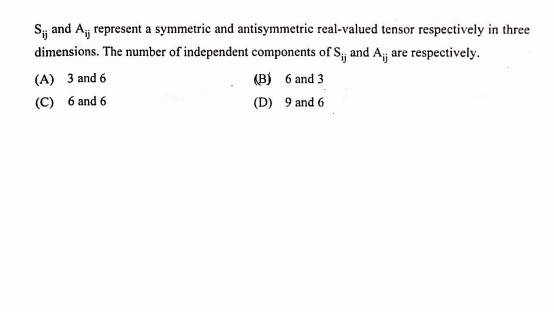Sij and Aij represent a symmetric and antisymmetric real-valued tensor respectively in 3 dimensions. The number of independent components of Sij and Aij are, here dimension is given, dimension is 3. Then Sij and Aij are symmetric and antisymmetric tensors.